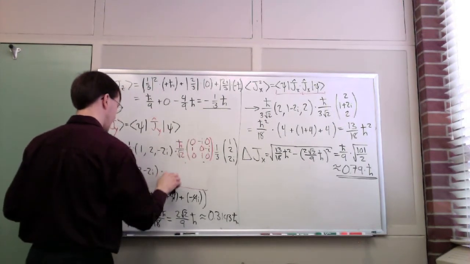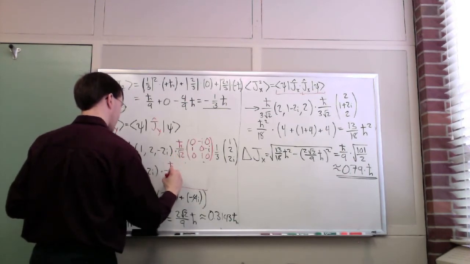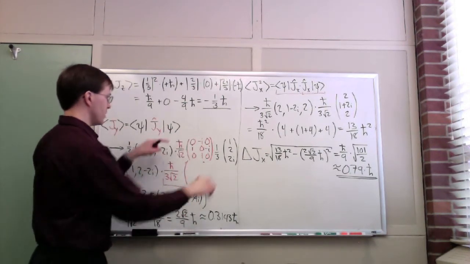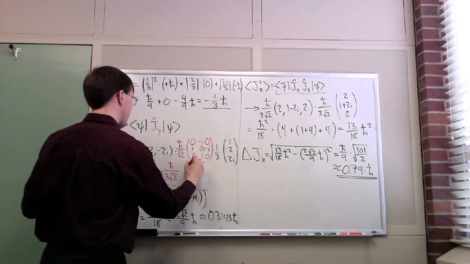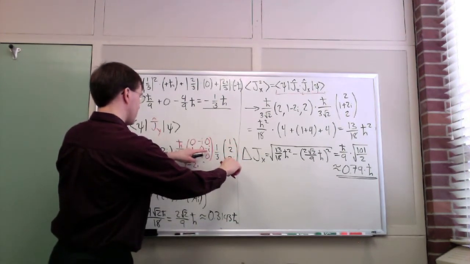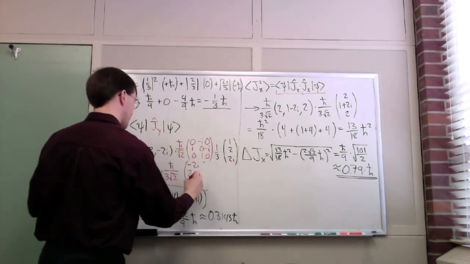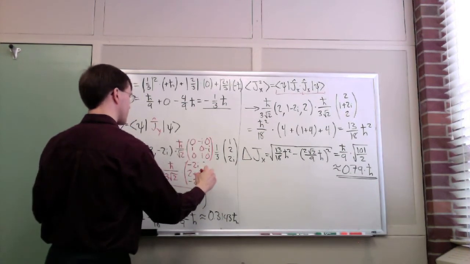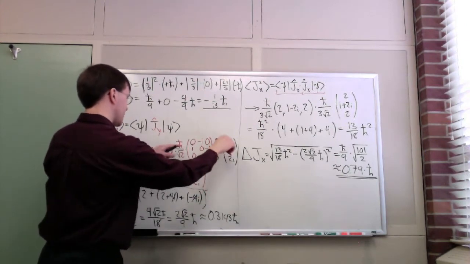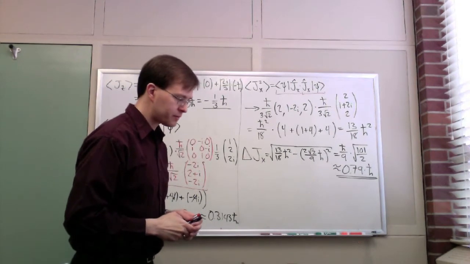The prefactor is going to be the same, that's good: h bar over 3 square root of 2 times, when I do this product, I'll get minus 2i as my first component, then 2 plus i, and minus 2i, it looks like. Is that right? Yeah, minus 2i, 2 plus i. That should be my product there.